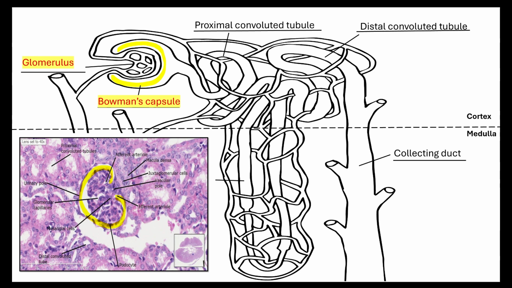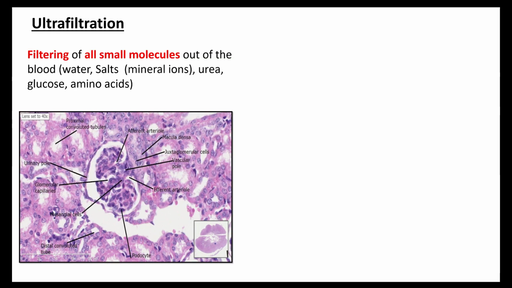Now, the other part, the glomerulus, this bundle of capillaries, is very identifiable. So we want to have a look at this a bit more so that we can understand the process of ultrafiltration. Ultrafiltration is the filtering of all of the small molecules out of the blood plasma.